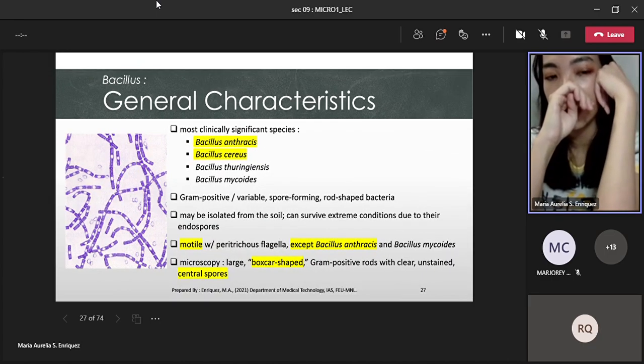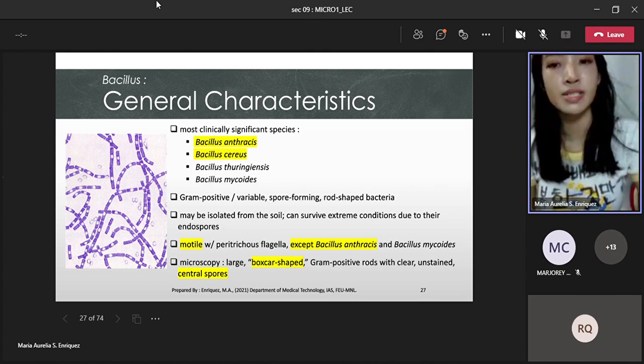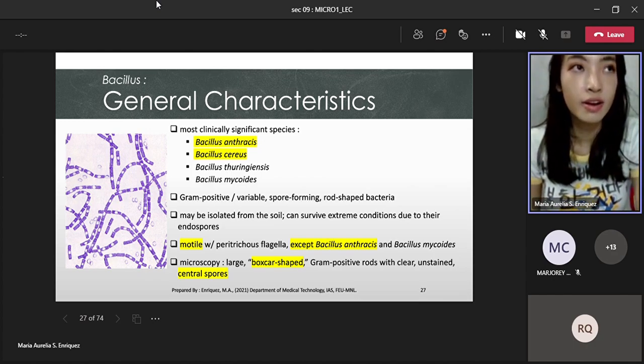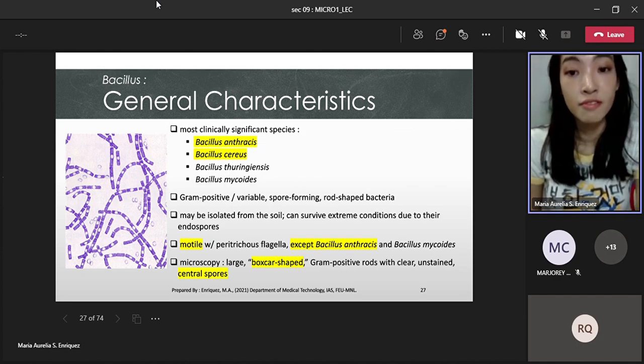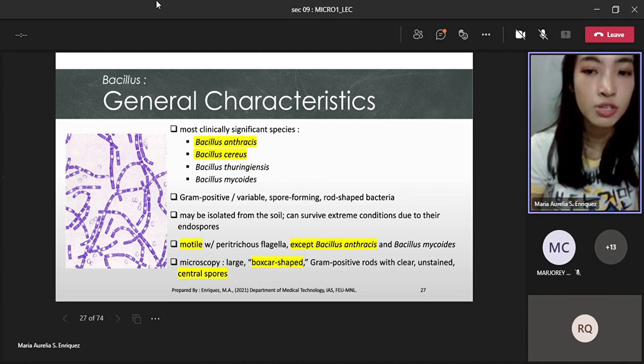For the general characteristics of Bacillus species, the members of the genus may stain gram-positive or gram-variable, and they are aerobic or facultative anaerobes that can form endospores.